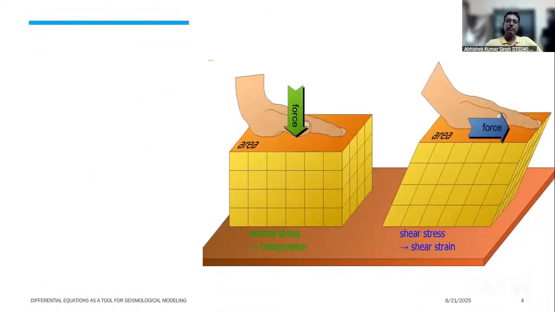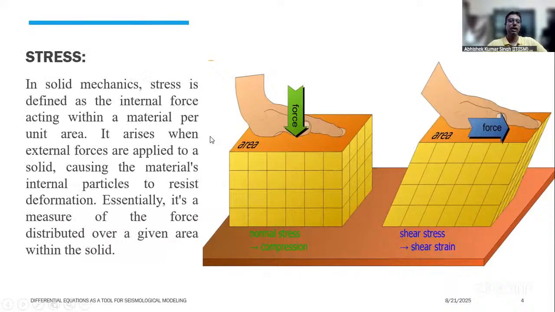Now we have to understand what stress is. In solid mechanics, stress is defined as an internal force. When we put some sort of force, definitely some reactive force is developed inside the material. So stress is defined as the internal force acting in a material per unit area.